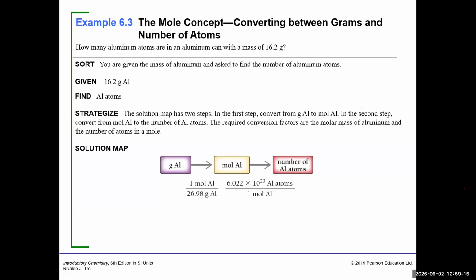You are given a mass of aluminum and asked to find the number of atoms. So you have 16.2 grams of aluminum, and you are trying to find the aluminum atoms. But I have to go somewhere else before I can get to that place.